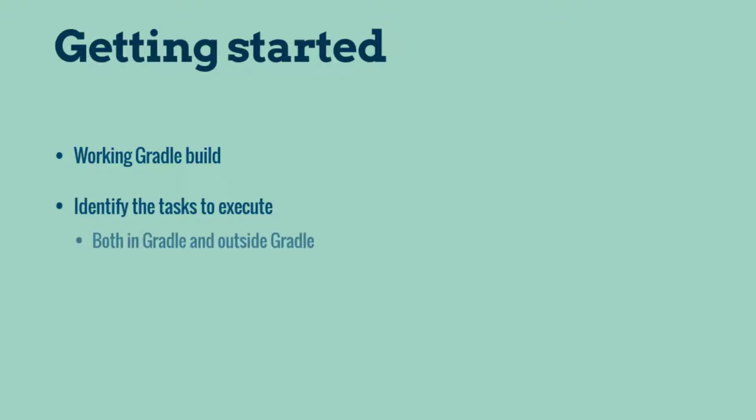Getting started, what do we need? So obviously, we need a working Gradle build, because if it doesn't build, there's no point. We need to identify what are the tasks that we want to execute, both in Gradle and outside of Gradle. Then we need to identify what are the secrets that the application needs to be able to run the build. For example, it could be anything from key store passwords to API keys, anything really.